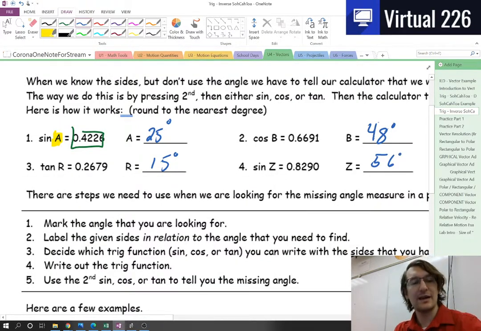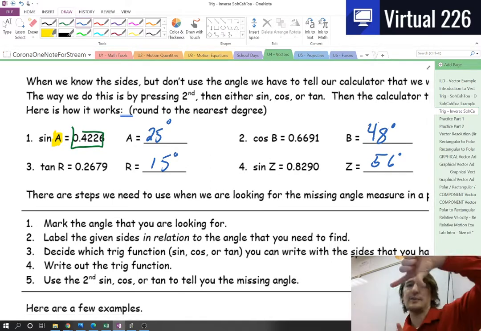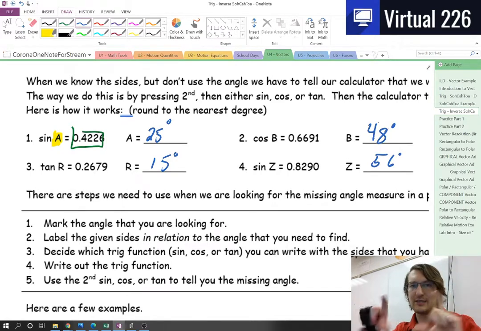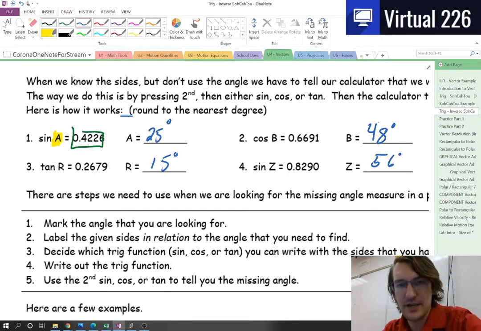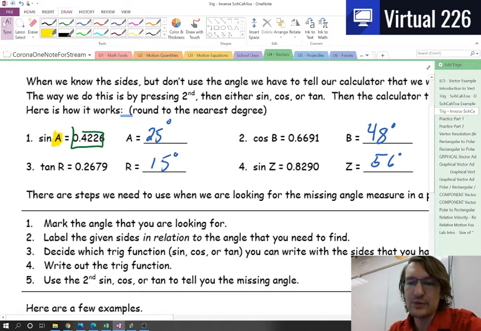Now, if you're trying this out on your phone, you might not actually see a sine, cosine, or tangent button. You might have to twist your phone sideways to open up all of the options. And just like before, you might have to put in the number first, the 0.2679, the 0.4226, the 0.6691, the 0.8290, and then hit inverse sine, inverse cosine, inverse tangent.